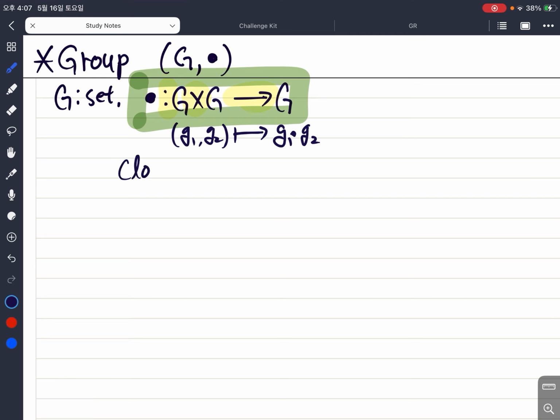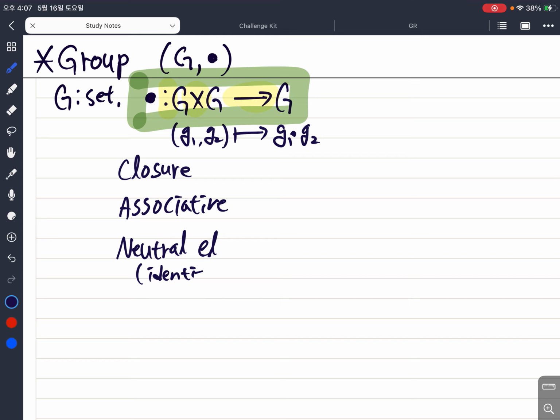Let me write first what it is. Closure, and it should be associative, and it should have some neutral element. Some people use identity, but because I love Frederick Schuller's lecture, I follow his notation. And finally, an inverse element should exist.